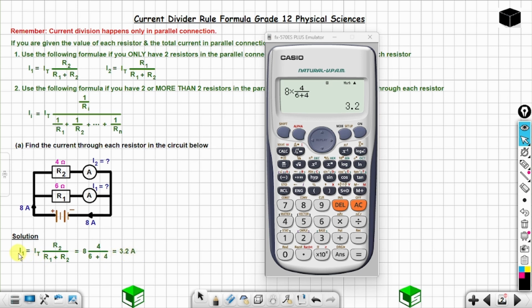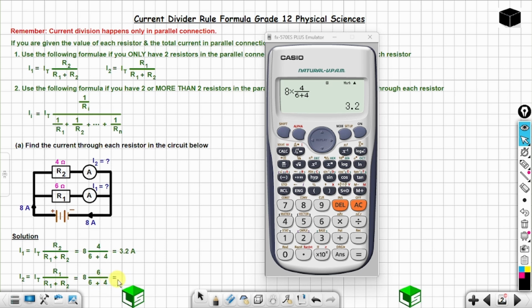Now for I2, you are going to use this formula. This is equal to 8 times R1, which is 6 ohms, over R1 plus R2, 6 plus 4.